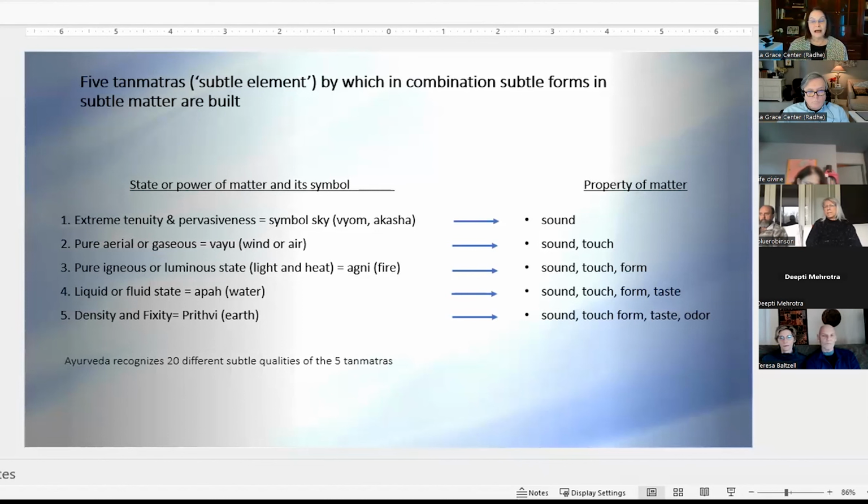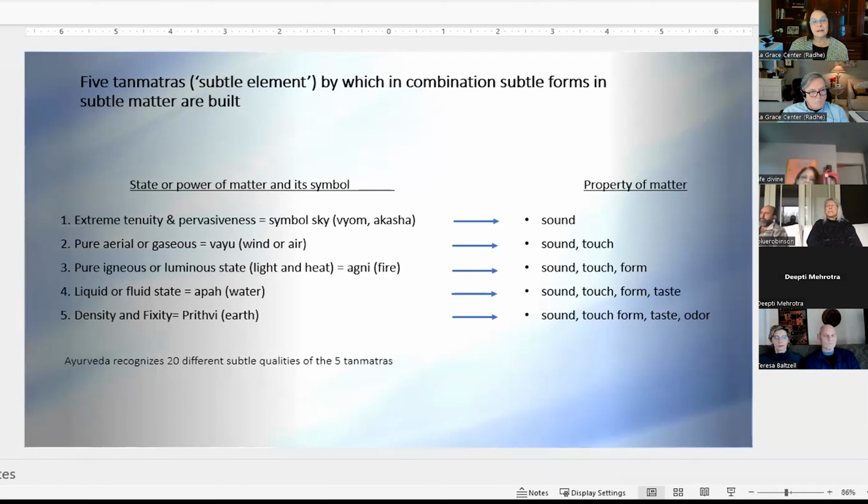And it meant not just the atmosphere above, but what they were implying by this symbol is that it was everything above our terrestrial world, beyond and above our atmosphere, and pervades everything. And that's how they were experiencing this pervasive connecting substance in the causal world. So they used the sky as the conventional symbol for this extremely delicate and light material. And they call it akasha, or vyom, sky.